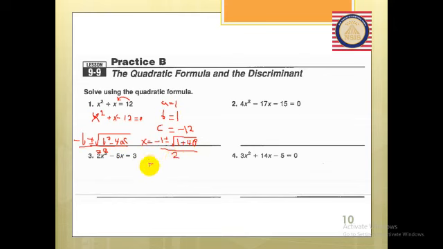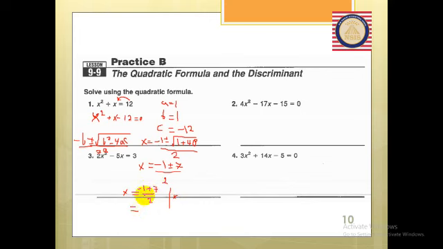Very good. So my x equals negative 1 plus or minus square root of 1 plus 48, which is 49. Square root of 49 is what? 7. Very good. Over 2. So I have here two values, plus or minus. I'm going to split my paper: one with positive and the other with negative. Negative 1 plus 7 over 2.